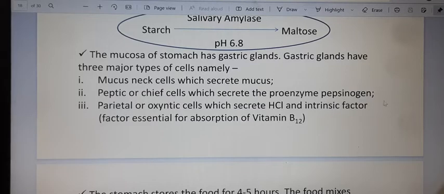This pepsinogen, in the presence of HCl, gets converted into pepsin, and this pepsin converts proteins into proteoses and peptones. Another gastric gland cell is the parietal or oxyntic cells, which secrete HCl and intrinsic factor, and this factor is essential for absorption of vitamin B12.